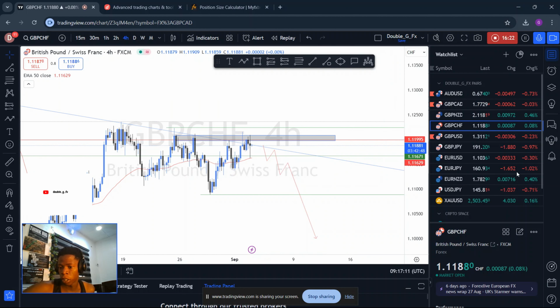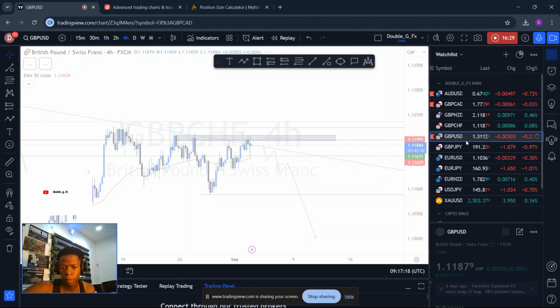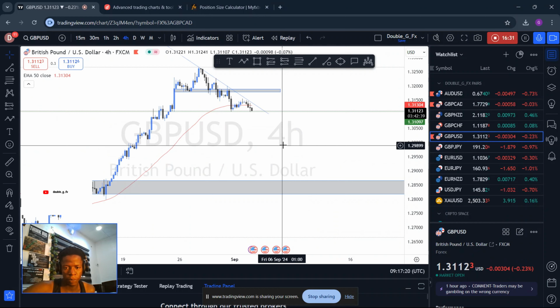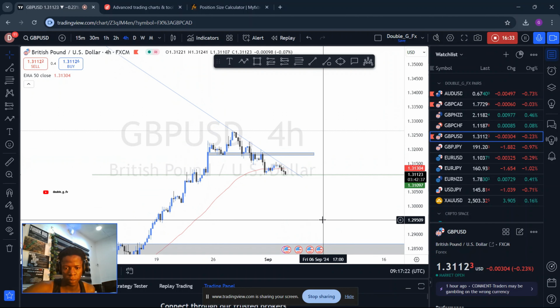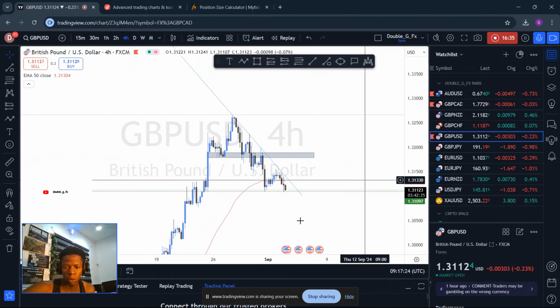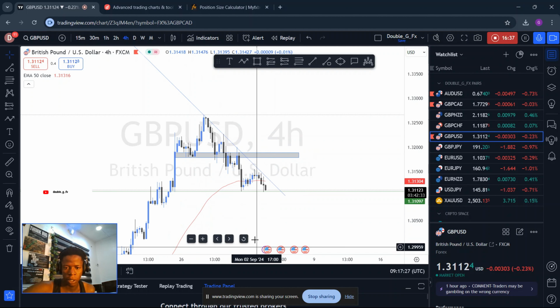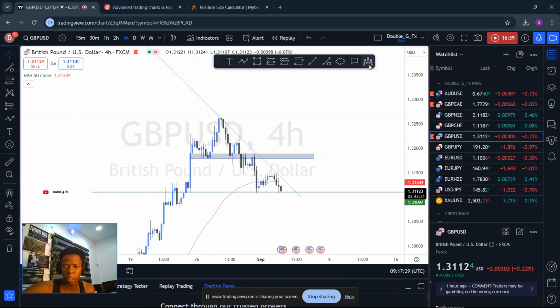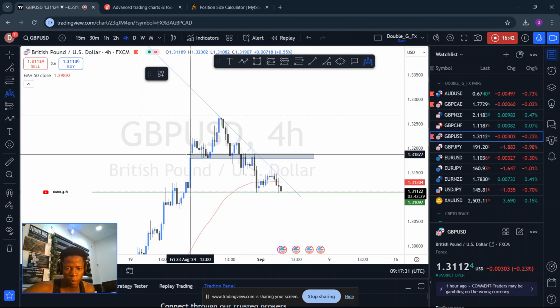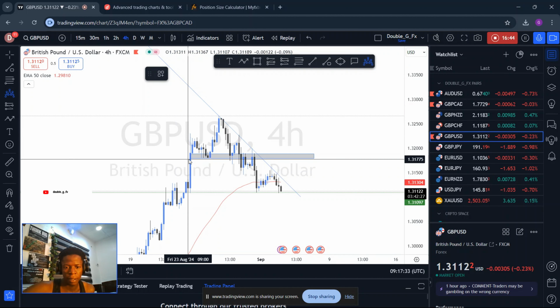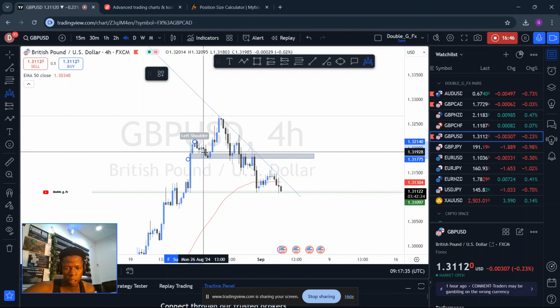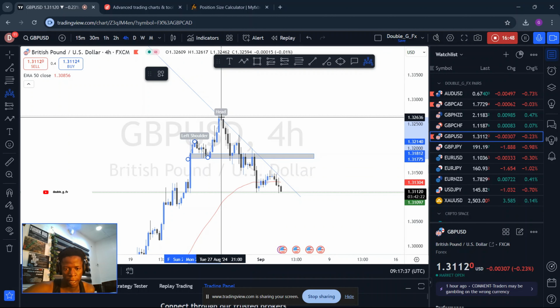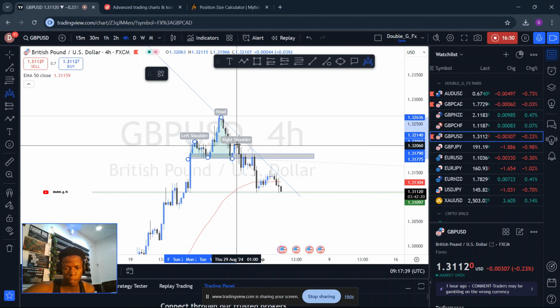So moving forward, let me do one last one with you guys. GBPUSD is facing down. GBPUSD gave us a beautiful setup last week, but we didn't catch this trade. This is what I call a perfect left shoulder, head, then right shoulder.